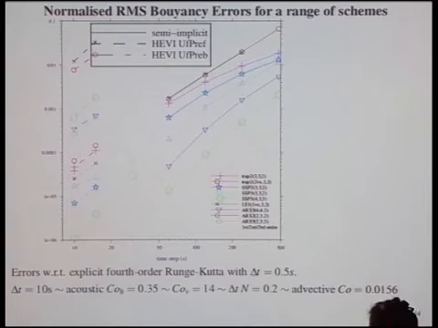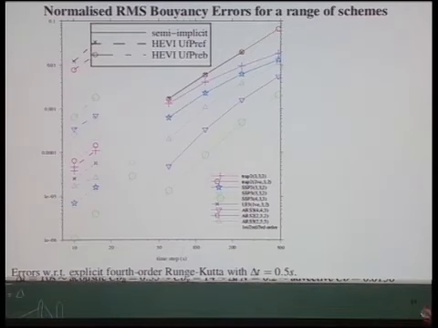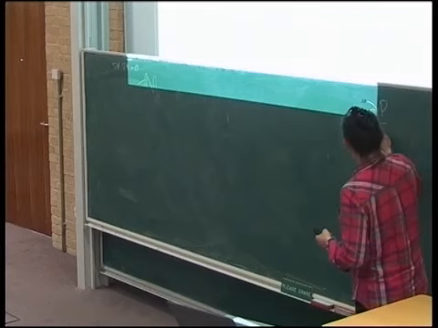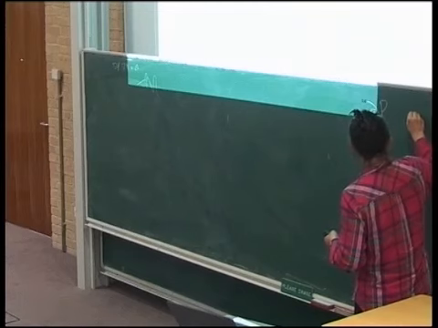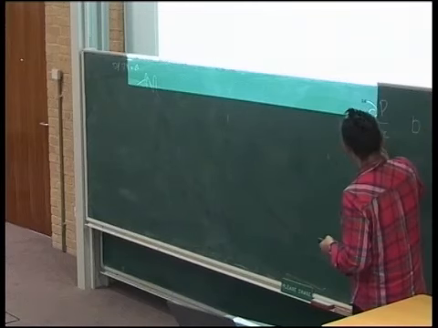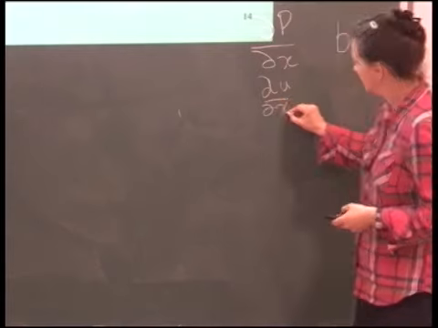for HEVI with implicit gravity waves, you've got different temporal discretization for dp/dx and b, and this is also du/dx.